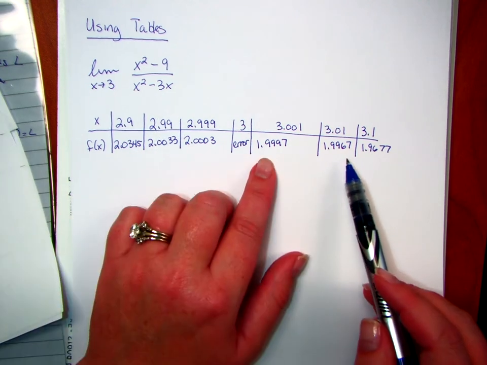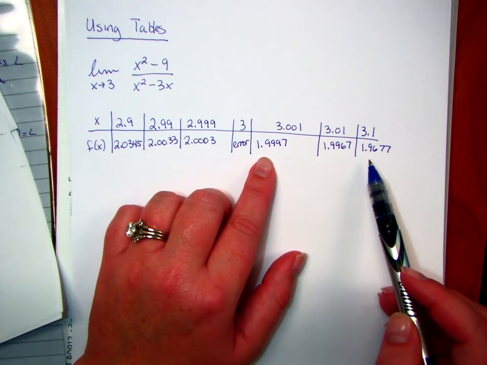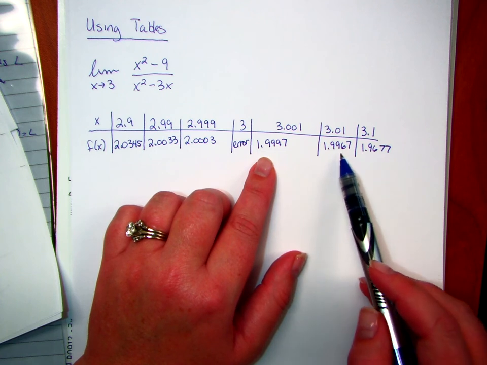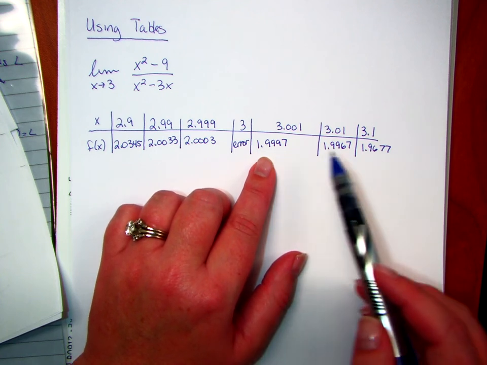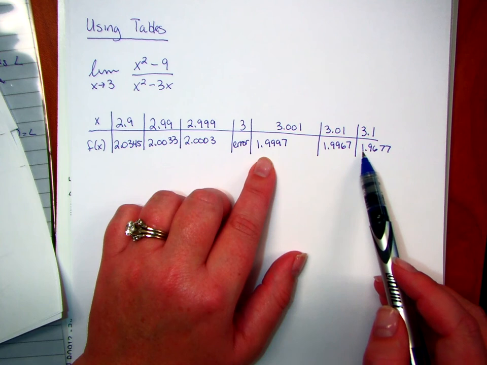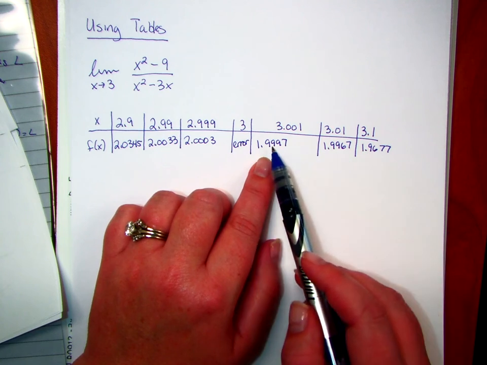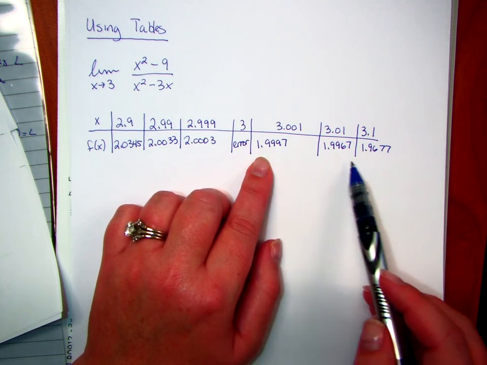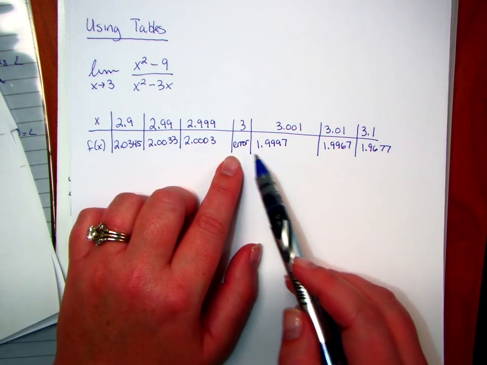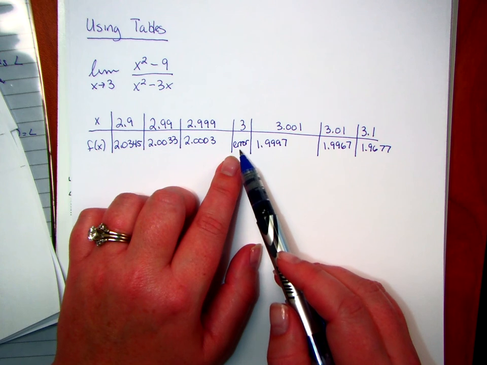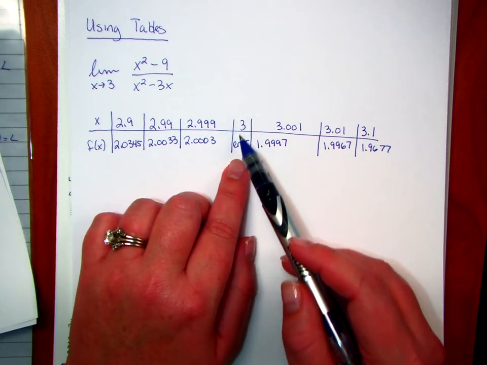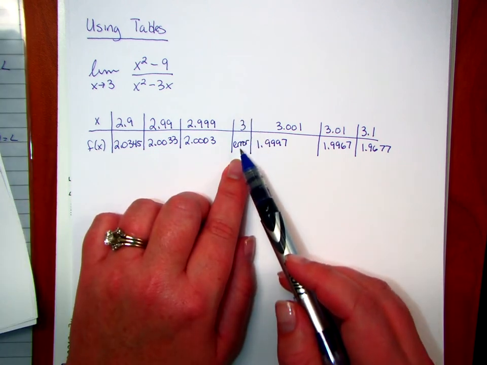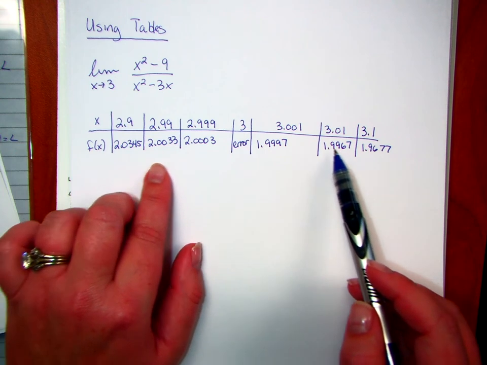Now on the right-hand side, we went from 1.96 to 1.996 to 1.9997. And so it looks like these function values, the closer we get to 3, the function values are increasing to 2. And now notice what happens at 3. We're getting an error, right? But the limit doesn't care what the function is doing when x equals 3, just what it's doing when it's approaching 3.